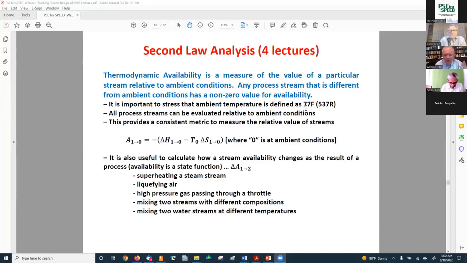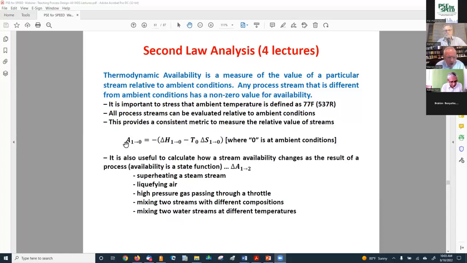I guess if you were on the top of Mount Everest, it wouldn't be, but for most of what we do, it's defined as 77 degrees Fahrenheit and 537 Rankine. All process streams can be evaluated relative to ambient environmental conditions. This provides a consistent metric to measure the relative value of the streams.